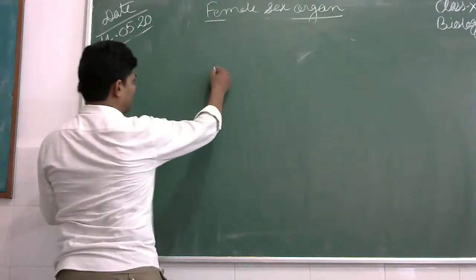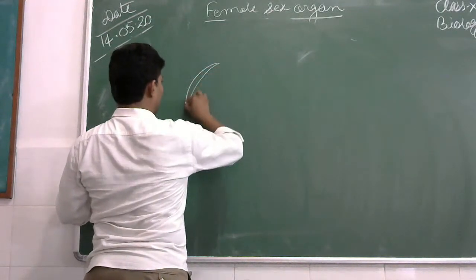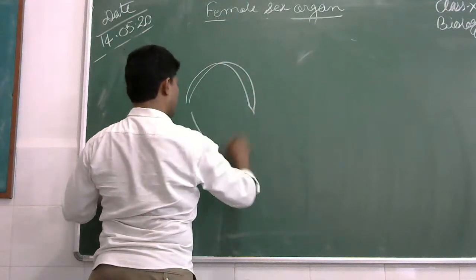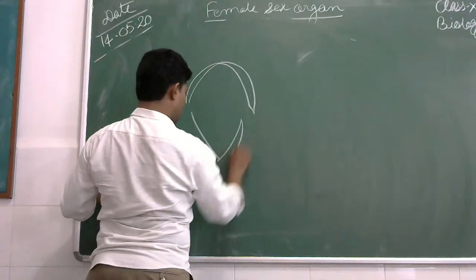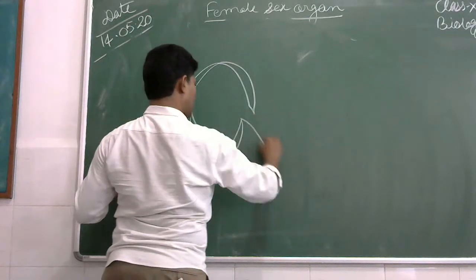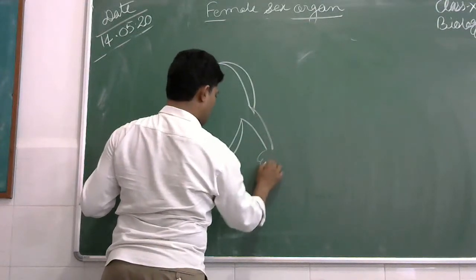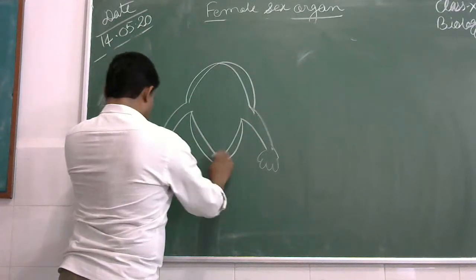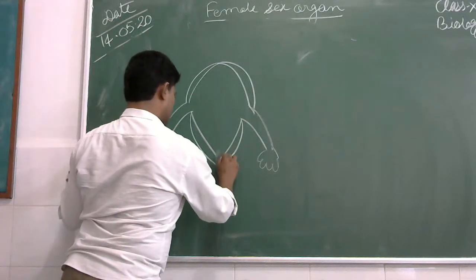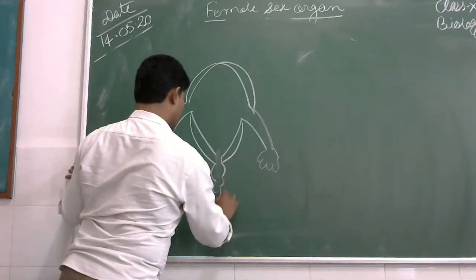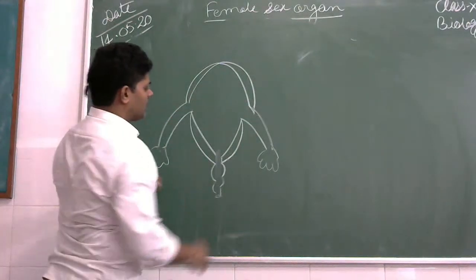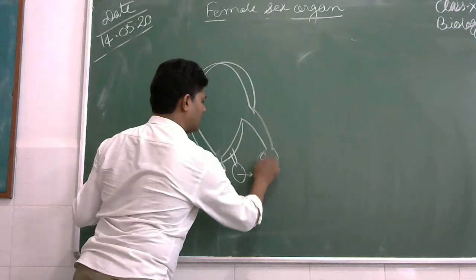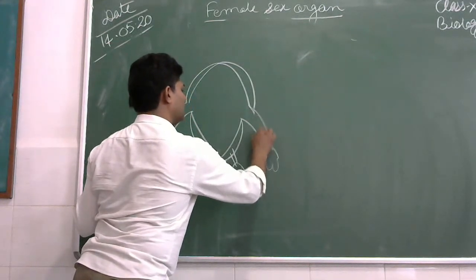As I make here, this is the infundibulum, and this is the vaginal part. This is the ovary. Ovulation occurs, the ovum comes here, and fertilization takes place.